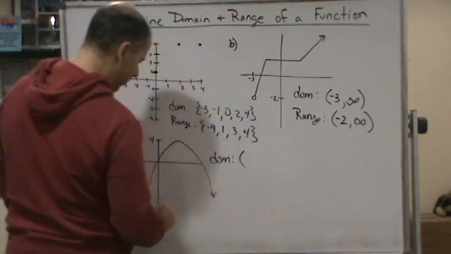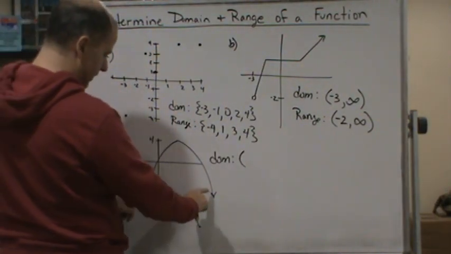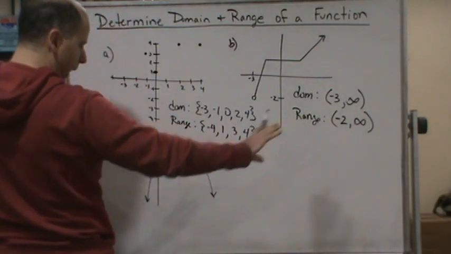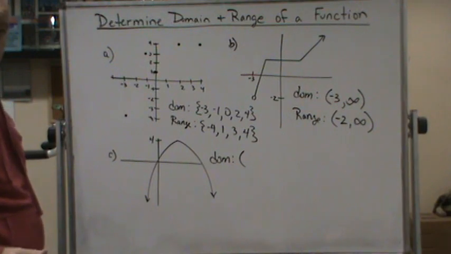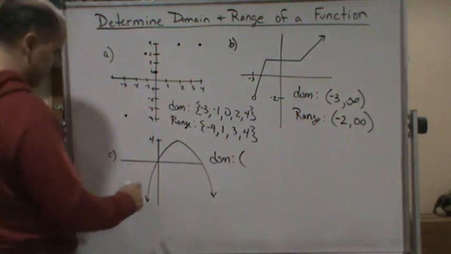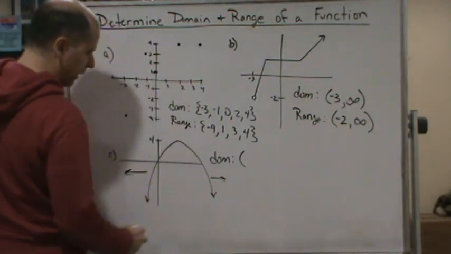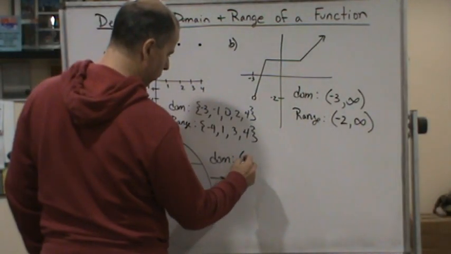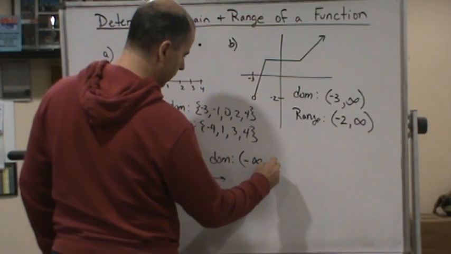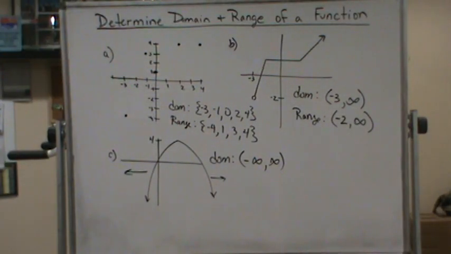The domain keeps spreading out and out because as it goes down, the parabola is opening wider and wider, even though it's going slower, but it's going to keep widening. So this is going to keep going in both directions, in the x direction. So the domain would be from -infinity to positive infinity.